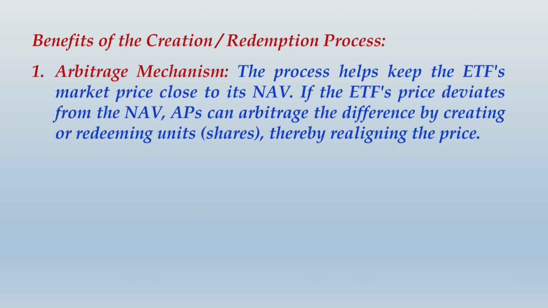Benefits of the creation or redemption process. Number 1, arbitrage mechanism. The process helps keep the ETF's market price close to its NAV. If the ETF's price deviates from the NAV, APs can arbitrage the difference by creating or redeeming units or shares of the ETF, thereby realigning the price.